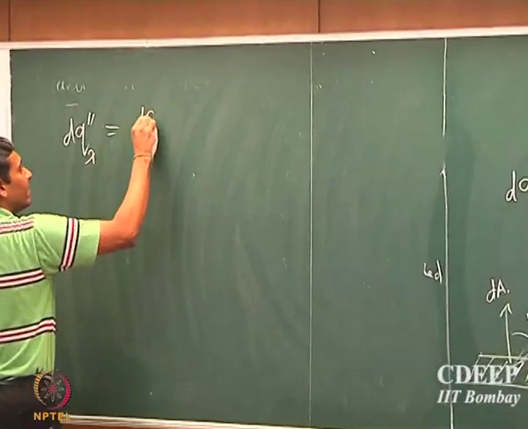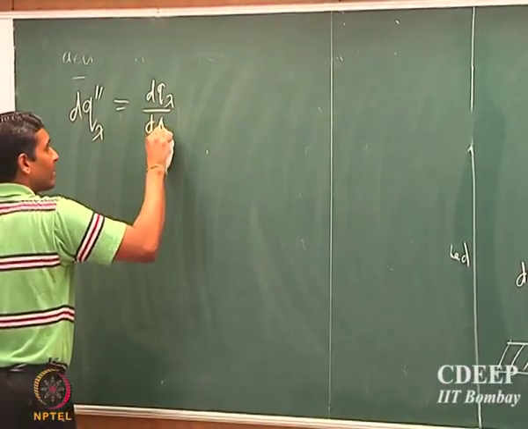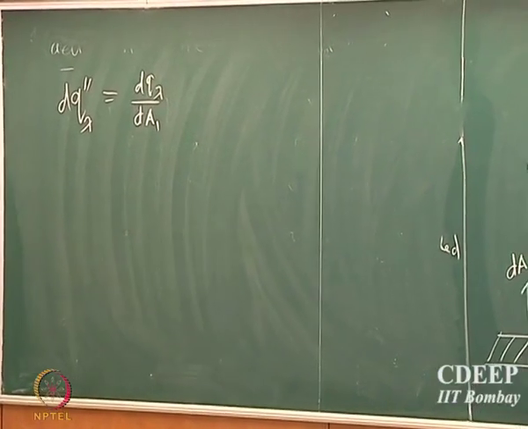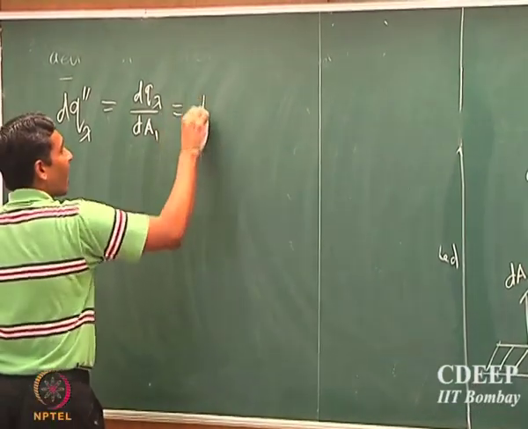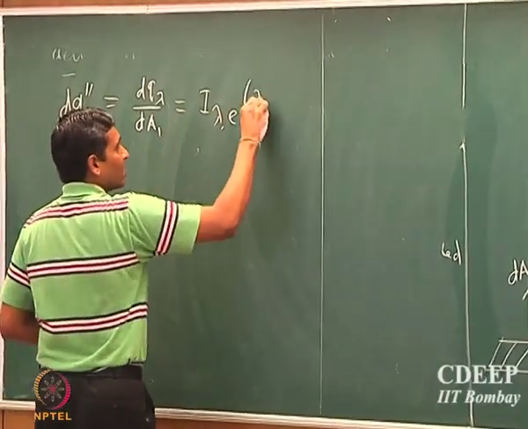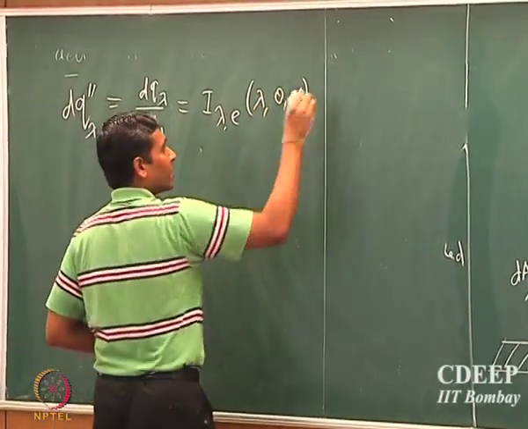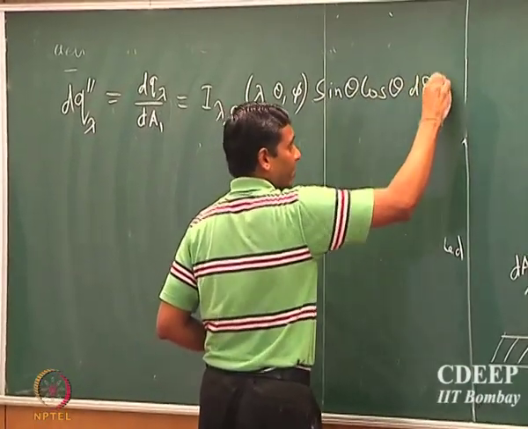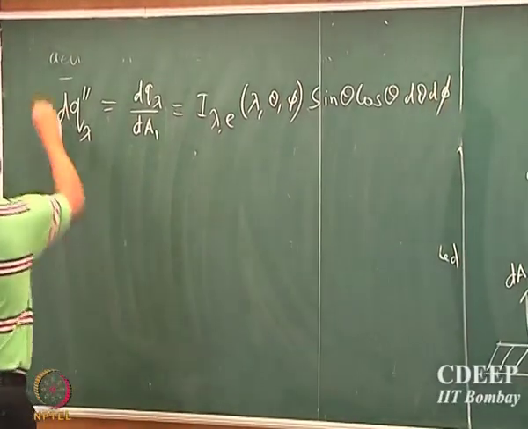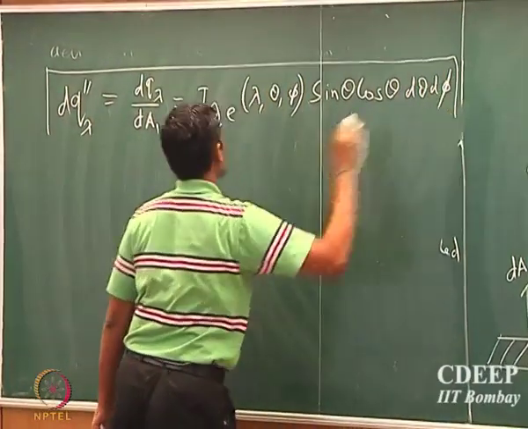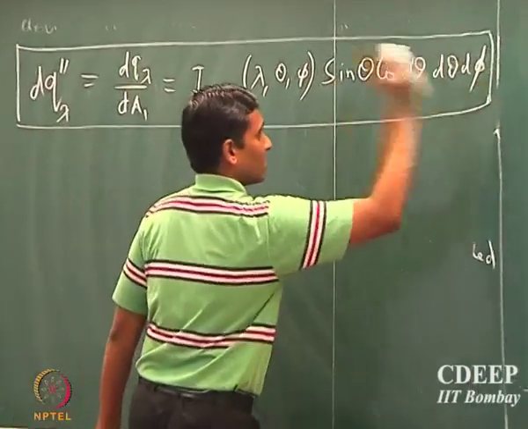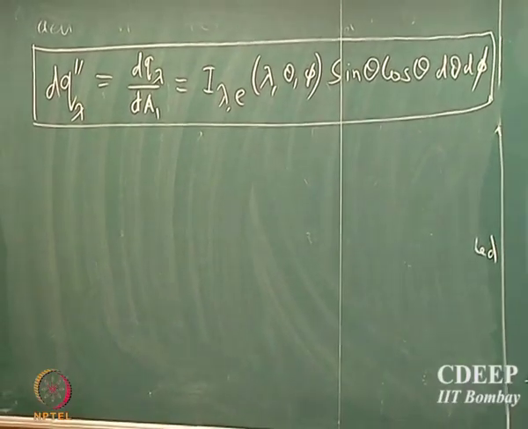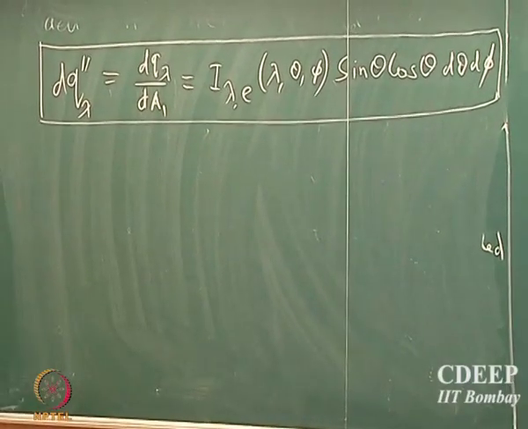That will be dq_lambda by dA1, which is the flux at which the emission is occurring from that surface. That will be I_lambda,e(lambda, theta, phi) sin theta cos theta d theta d phi. Okay, so that's the definition of the flux of radiation emitted by a given surface.